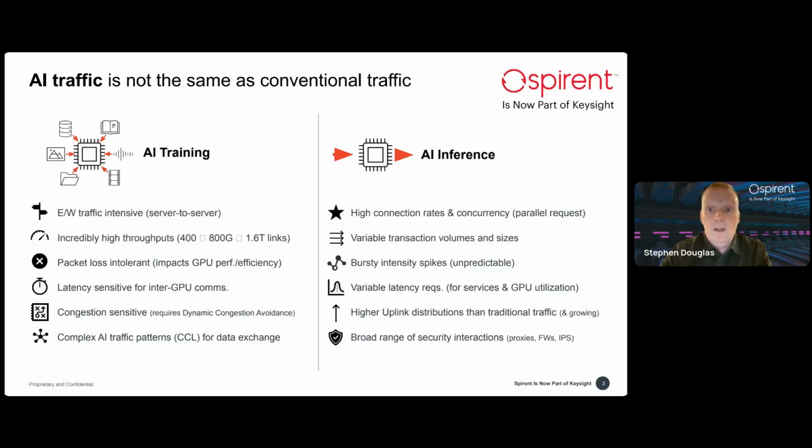And unlike the traditional downlink-heavy services we're used to today, inference often generates higher uplink traffic as multimodal data is sent for processing. So these behavioral requirements mean networks for AI must be designed and tested to deliver deterministic performance, scalability, and dynamic workload orchestration far beyond the conventional IP-based traffic we've been used to dealing with today.